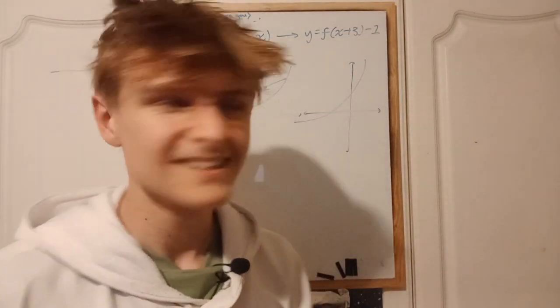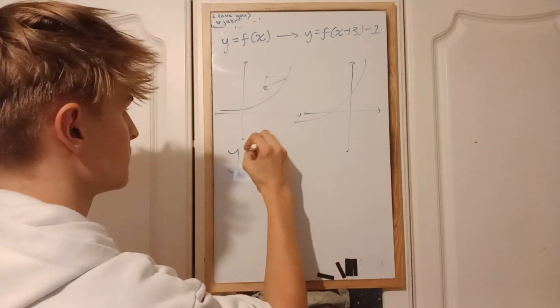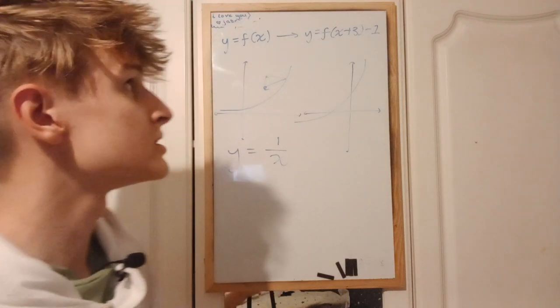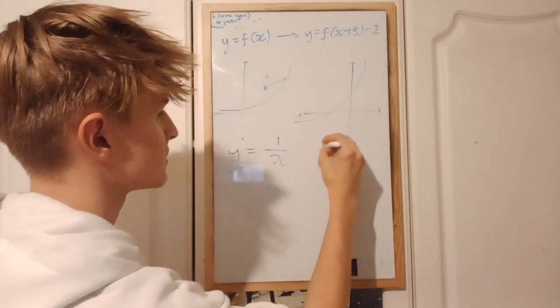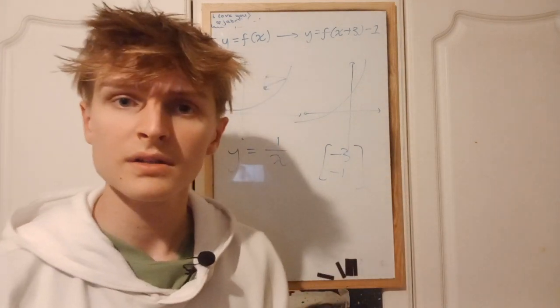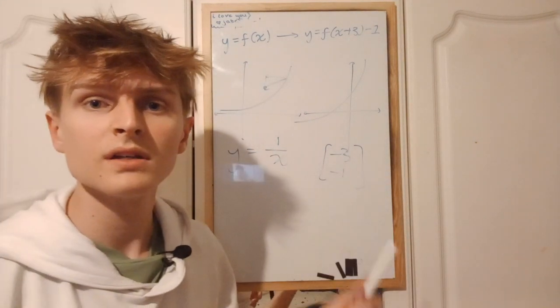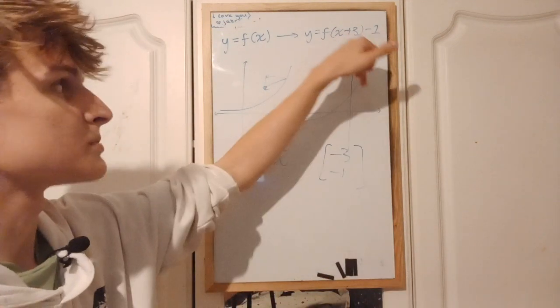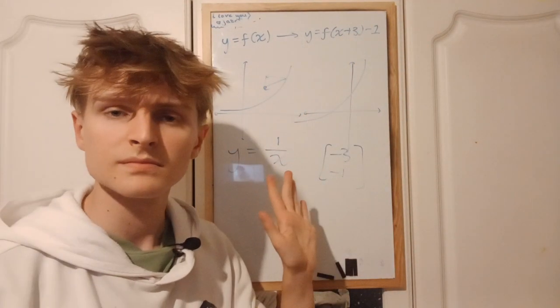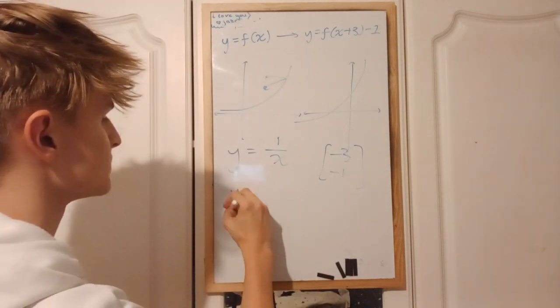For example, if you had the function y equals 1 over x, and the question told you it's translated by vector (-3, -1), you think, well, shifting to the left by 3, going down by 1, that corresponds to this translation up here. Let's find the equation.